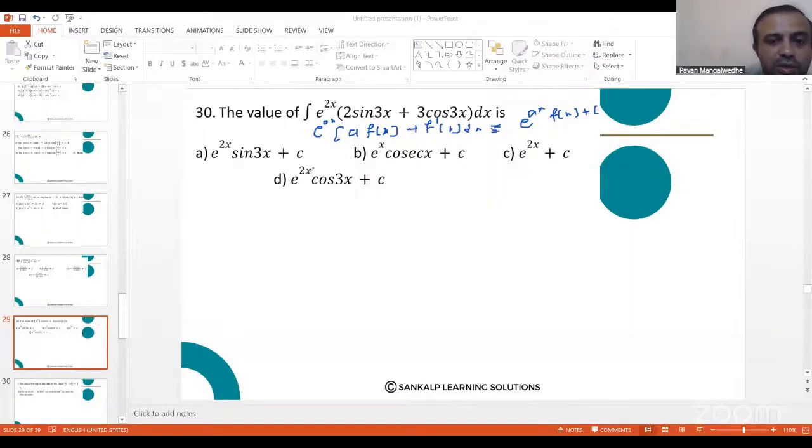Using this condition, a into f of x is 2 into sine of 3x.